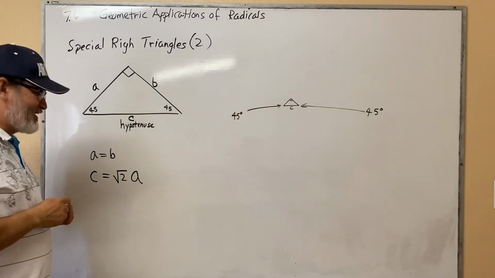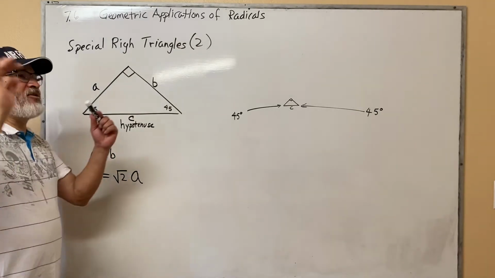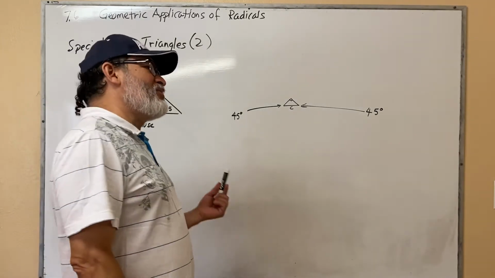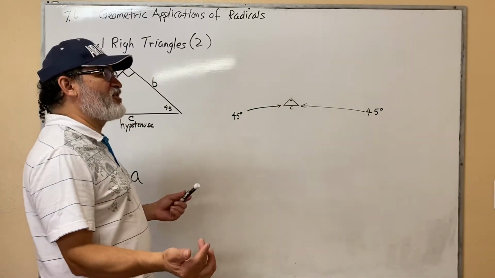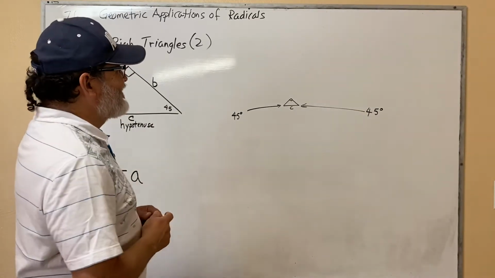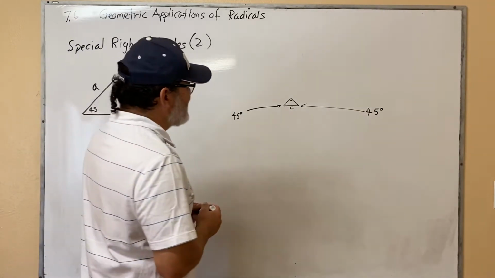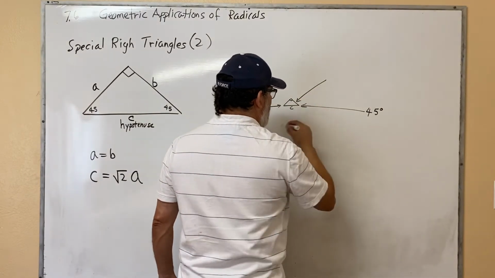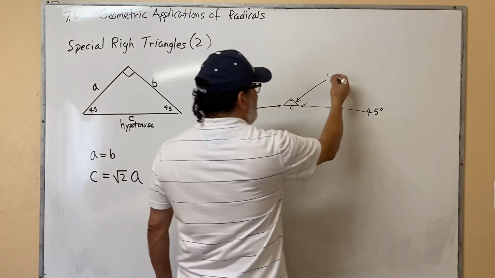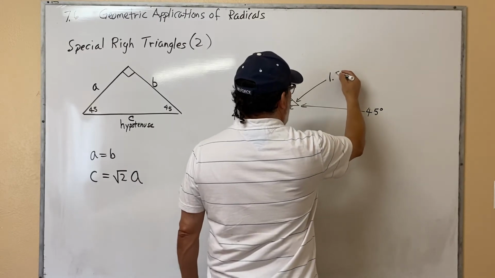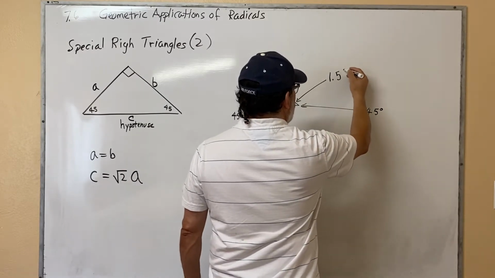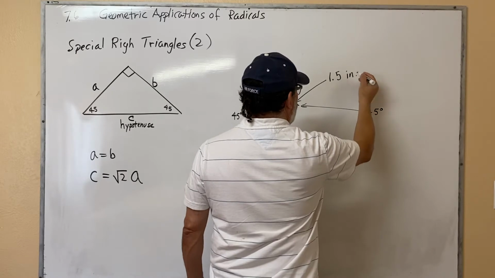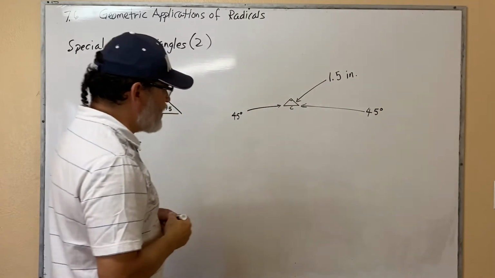Oh, I better give you a size so that we can figure out the other sides. Let me give you this side. Suppose this side looks like, I don't know, 1.5 inches.